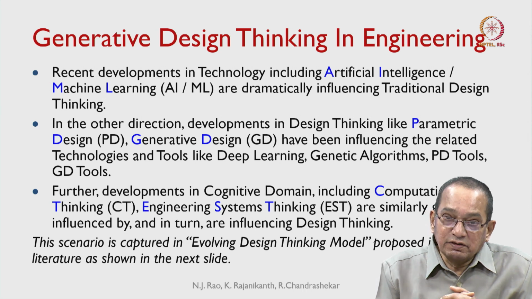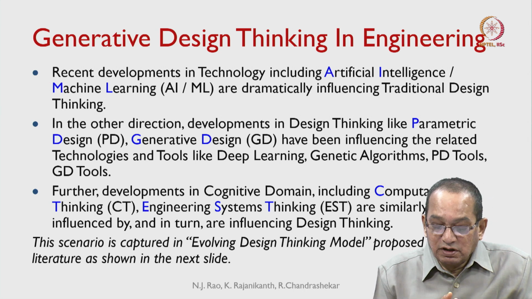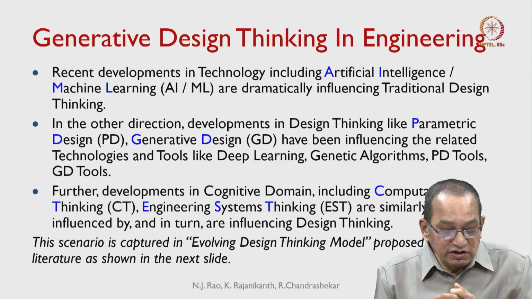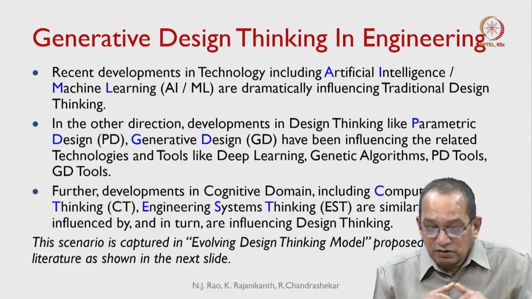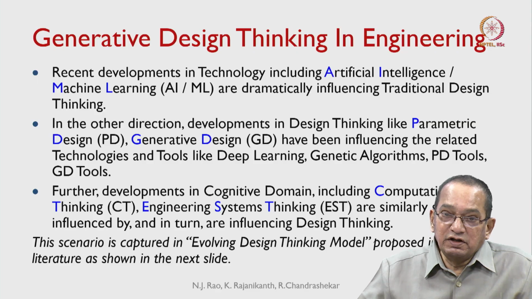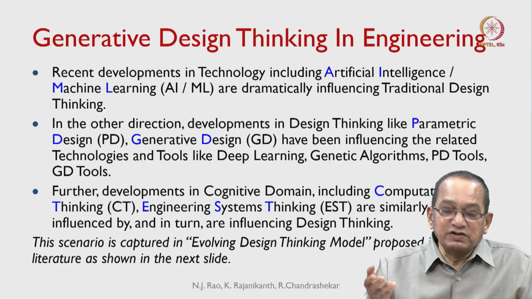Earlier they were there, but more recent developments in these areas are similarly getting influenced by and in turn are influencing design thinking. So, in a way each is getting influenced by the other and is also influencing the other.